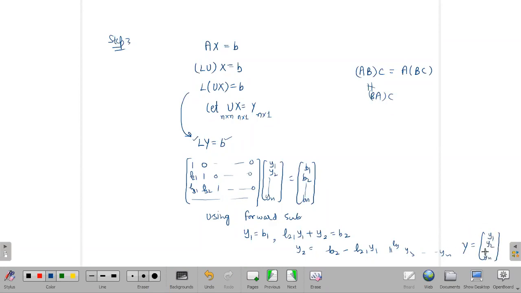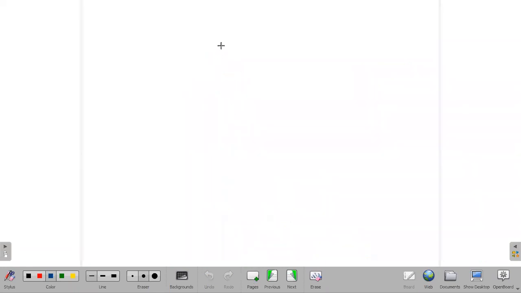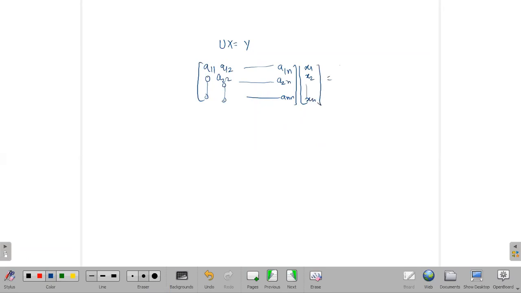Now once you find Y, you put this value here: UX is equal to Y. So now this is the upper triangular matrix A11, A12, A1n, 0, A22, A2n, and then Ann. Then our aim is to find x1, x2 up to xn only, and these y's are known to you now: y1, y2, yn.